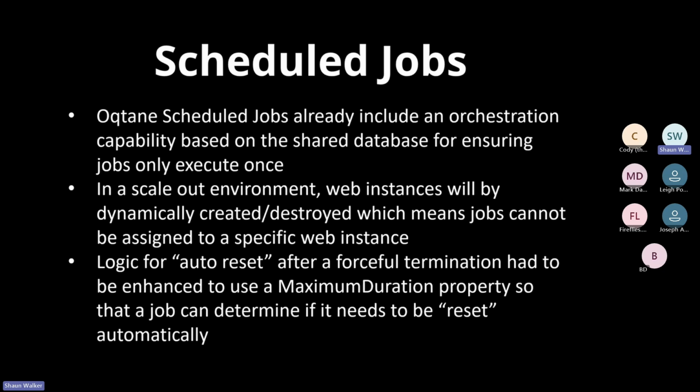There isn't a specific ID that you can tie a web job to, because that web job may be torn down and replaced with a different one in the next hour. So that's not a very good approach for the modern cloud environment.